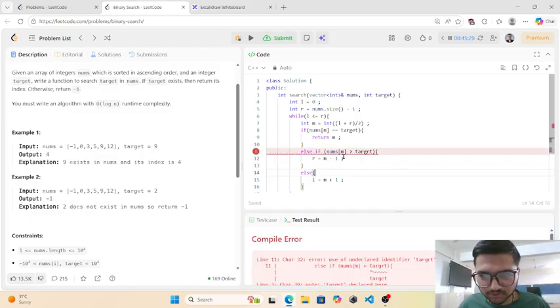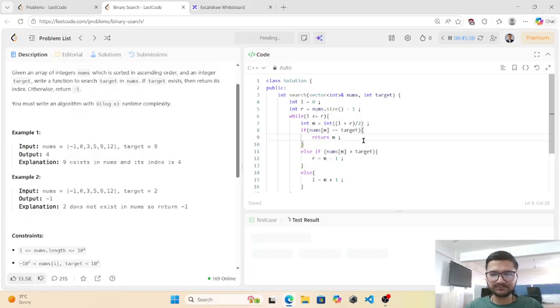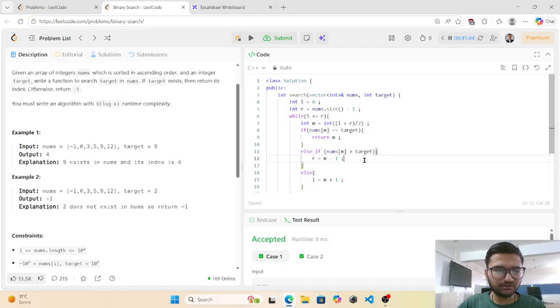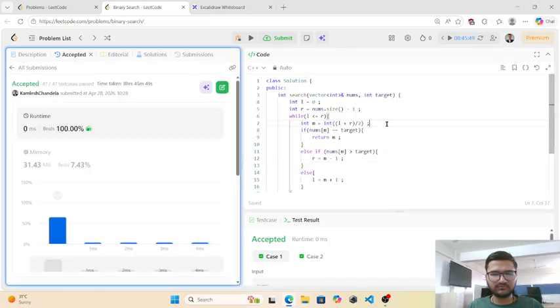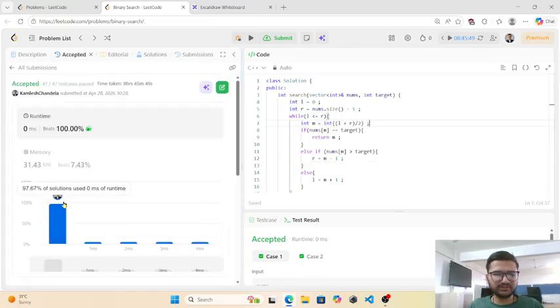So this is wrong because nums of m is greater than target. Yes. So our examples are true. Now we check overall edge cases and more test cases. So overall edge cases and test cases are passed.